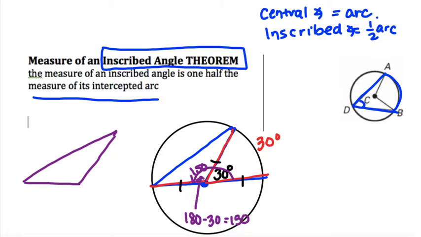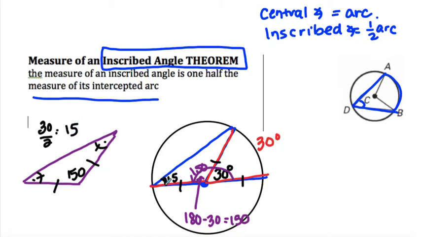By the isosceles triangle theorem, the base angles are equal. The three angles of a triangle add up to 180, so together these two angles have to equal 30. I take 30, divide it by 2, and I get 15. So this angle is 15 degrees.